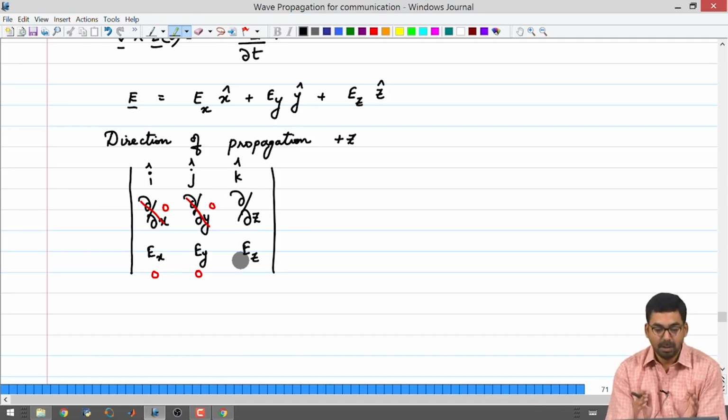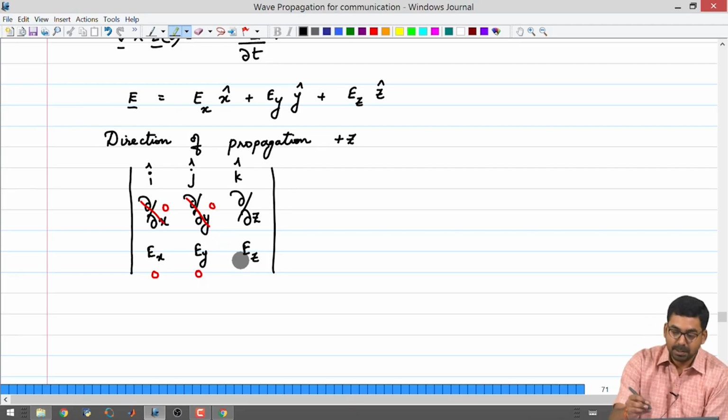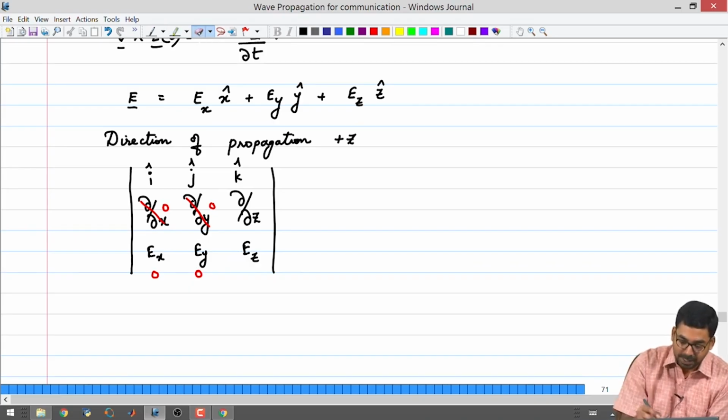Later on we will see the full vector expression for the electric field and try to see how we can solve them. But for now we are considering that the electric field is going to be along one Cartesian direction. So, the option is not to choose Ez. If the direction of propagation is z, you can cross this out.